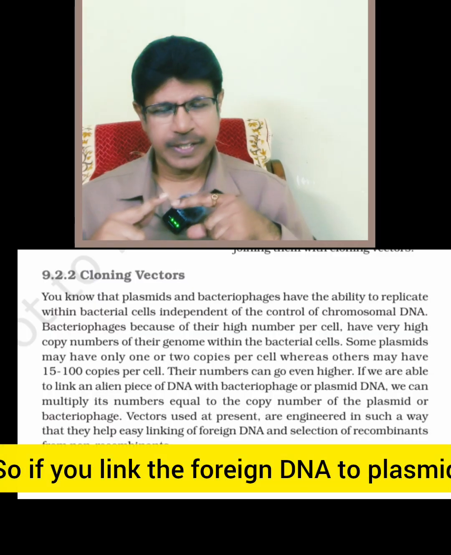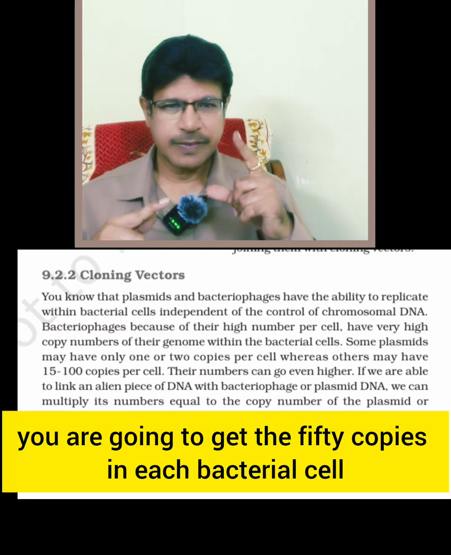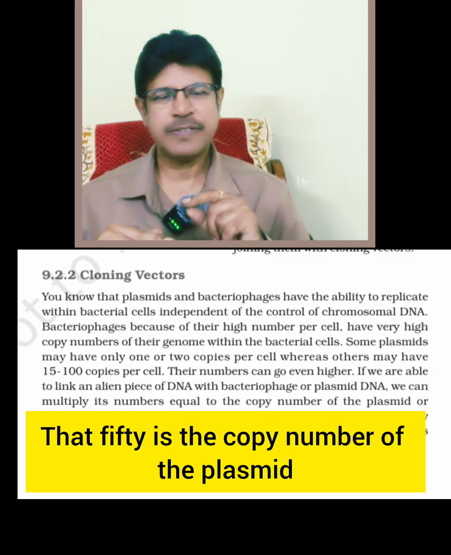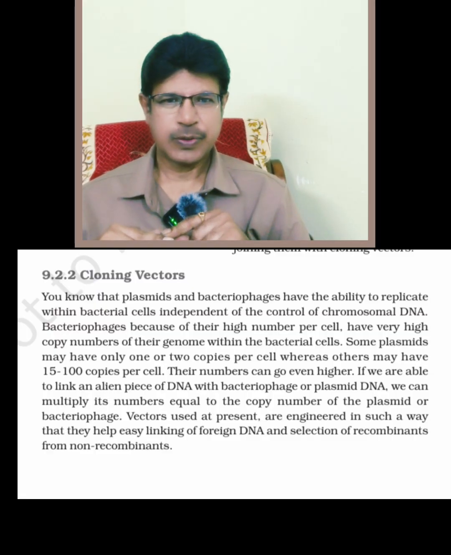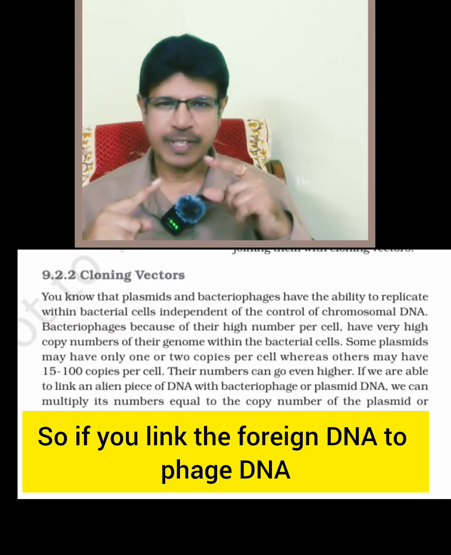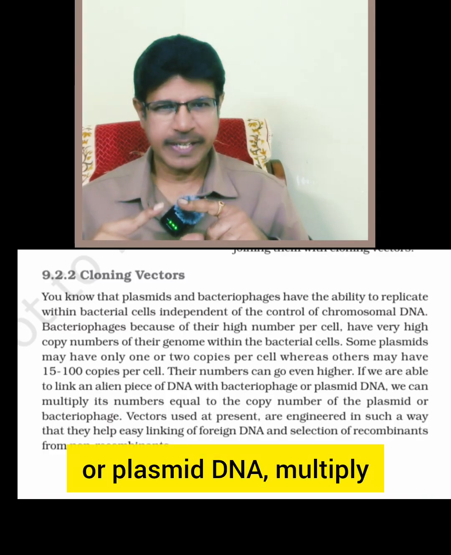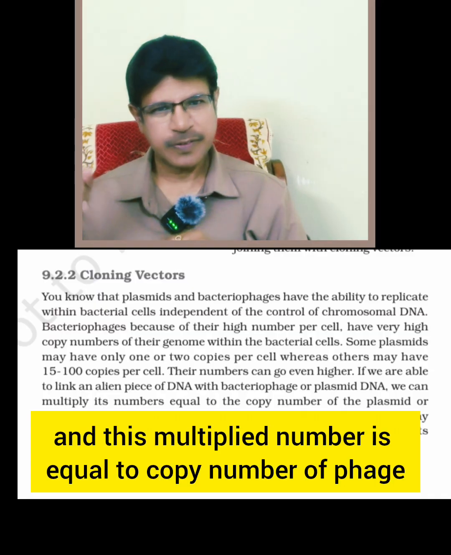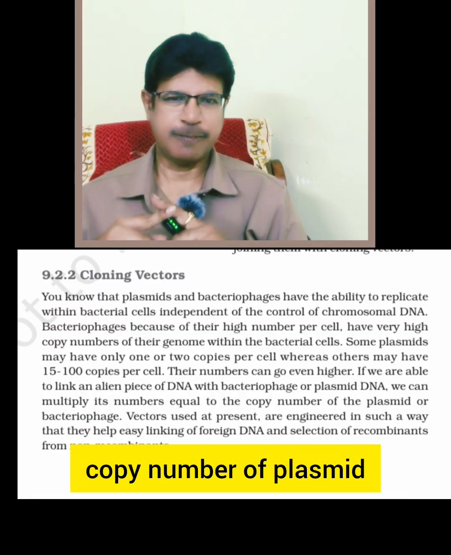So if you link the foreign DNA to the plasmid, you are going to get 50 copies in each bacterial cell. That 50 is the copy number of the plasmid. So the linked DNA multiplies, and this multiplied number is equal to the copy number of the phage or plasmid.